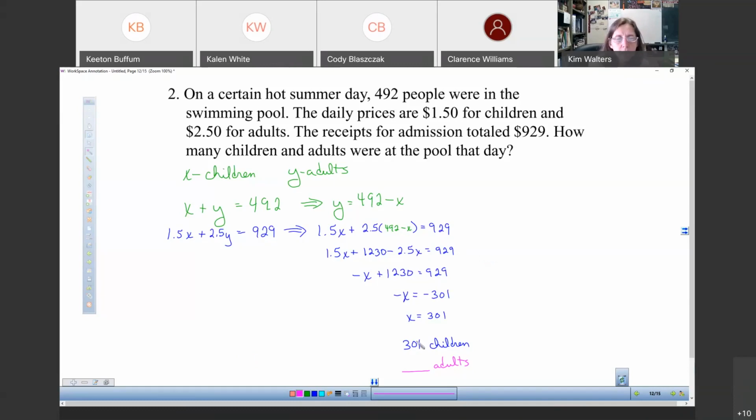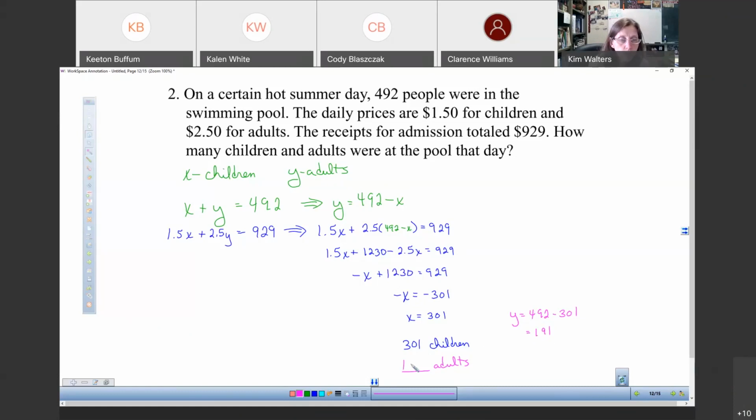Check your subtraction. That's 301. Okay, so to get the number of adults, which is y, I can use y equals 492 minus 301. And that's going to give me 191.